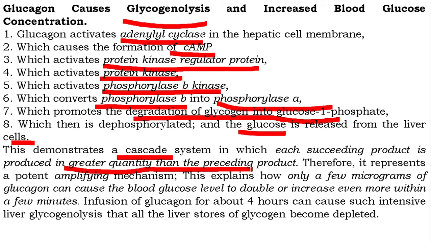So this is a type of amplification mechanism. This is how only a few milligrams of glucagon can cause the release of hundreds of thousands of milligrams of glucose into the blood of an animal.